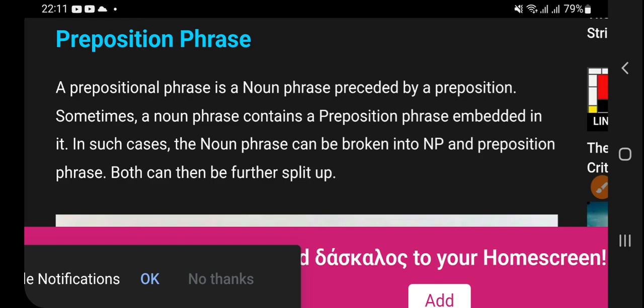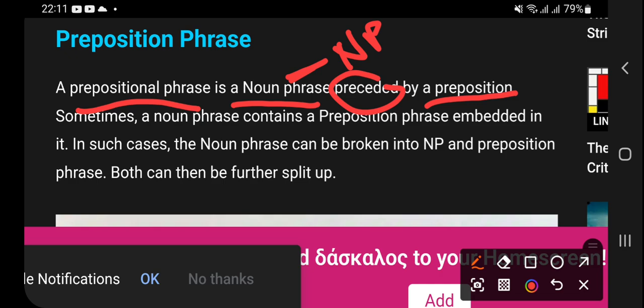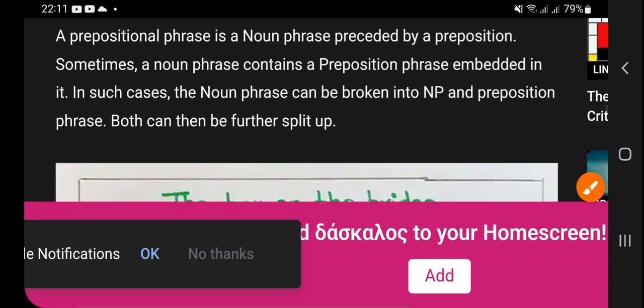Listen: a prepositional phrase is a noun phrase preceded by a preposition. Sometimes a noun phrase contains a prepositional phrase.